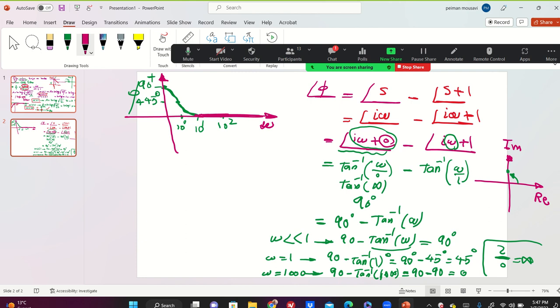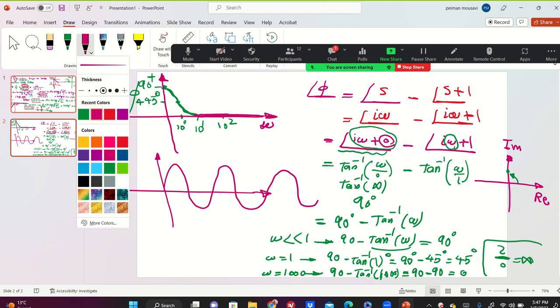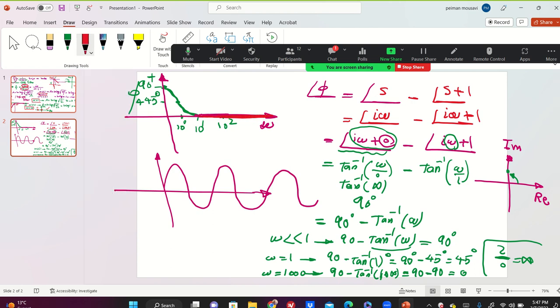So in phase, it shows that, look at here, guys. I want to plot it in MATLAB, okay? Just bear with me. Suppose this is the input, as we did in the previous class. For high frequency, they have no phase difference. So the output is going to be like the input, like this.